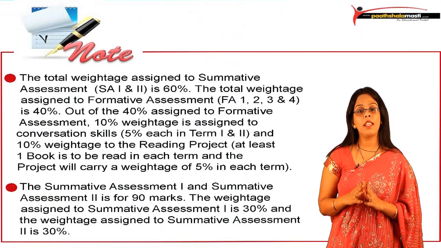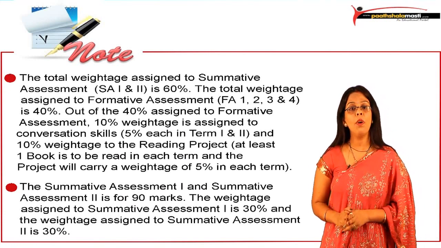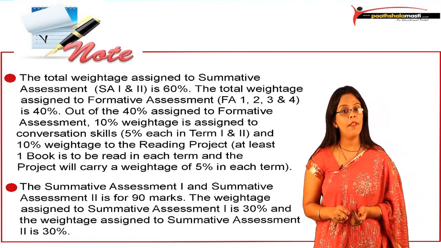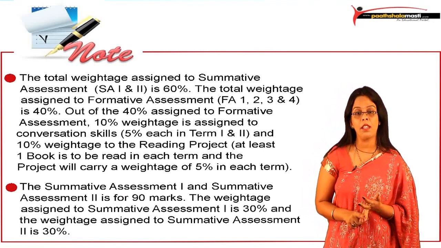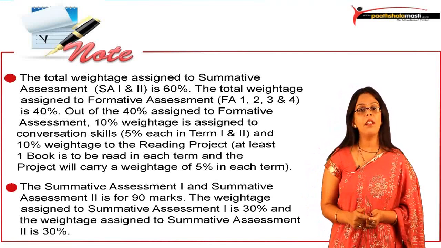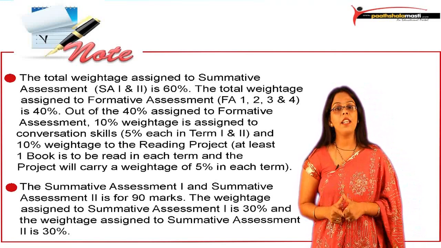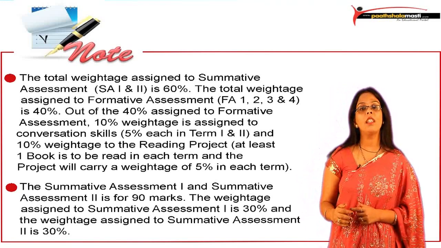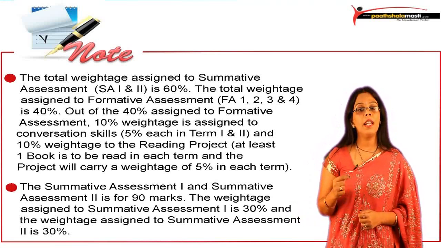The total weightage assigned to summative assessment, that is SA1 and SA2, is 60%. The total weightage assigned to formative assessment, that is FA1, 2, 3 and 4, is 40%. Out of the 40% assigned to formative assessment, 10% weightage is assigned to conversation skills, 5% each in term 1 and term 2, and 10% weightage to the reading project.